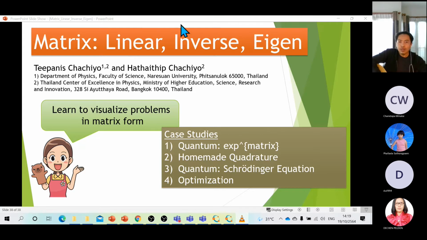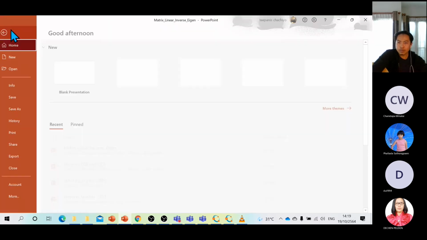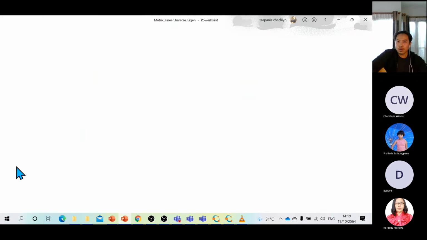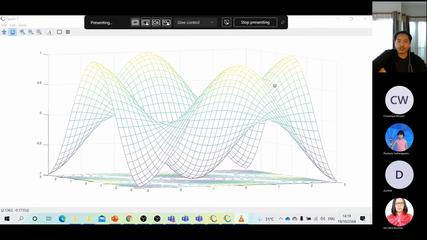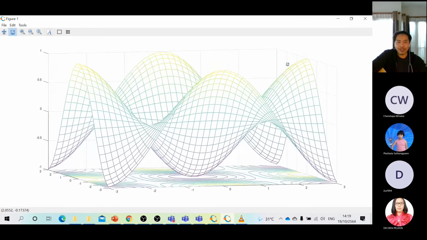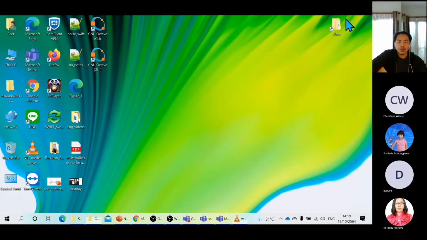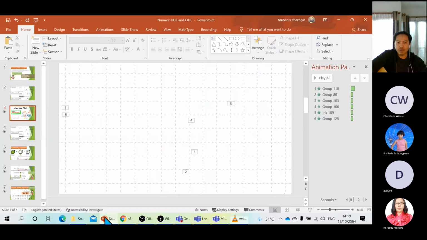Let me close this window. By the way, this is very nice. You should try to play around with this Octave thing. Okay, close this, and I have that prepared.